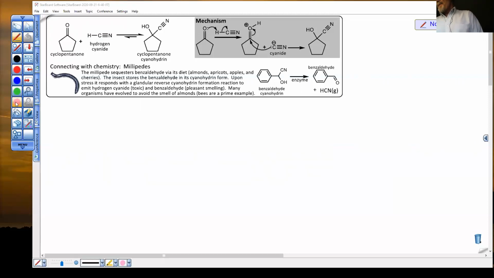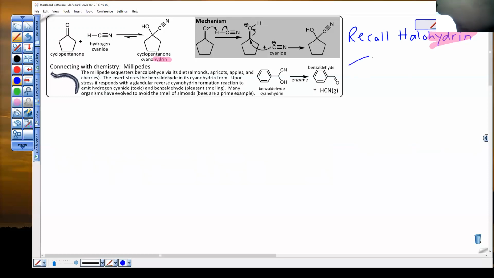This is not the first time we've seen hydrin as a suffix. Recall halohydrins. Yes, different reaction entirely, but worth reviewing since hydrin is common to both. Halohydrins were made from alkenes. Let's just do a simple example.